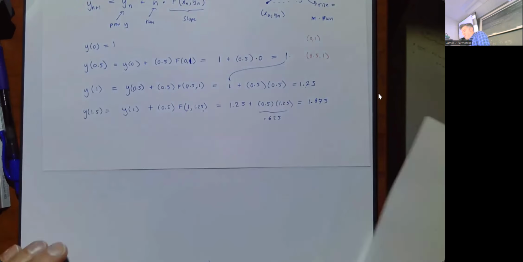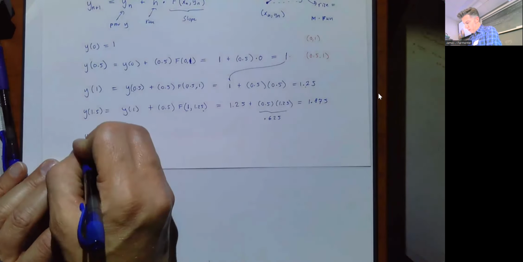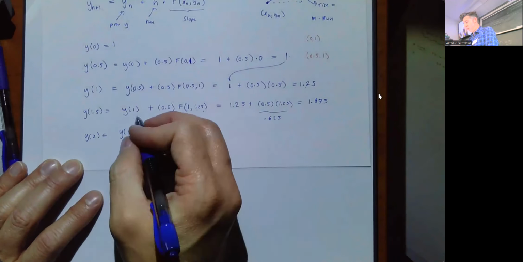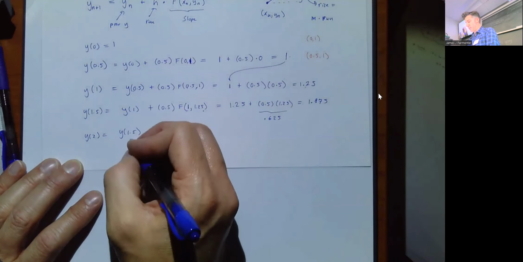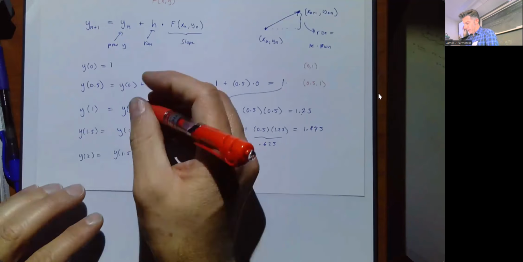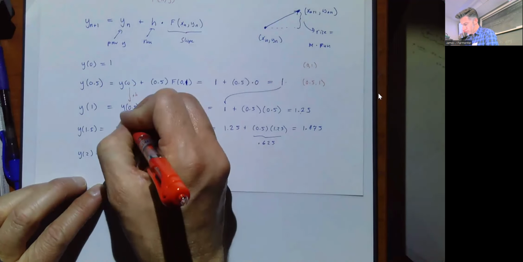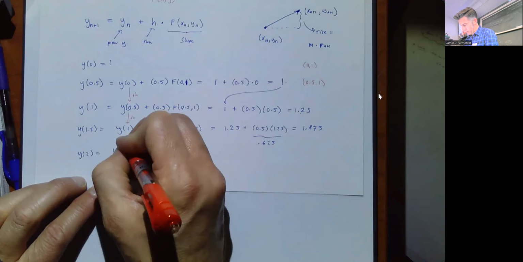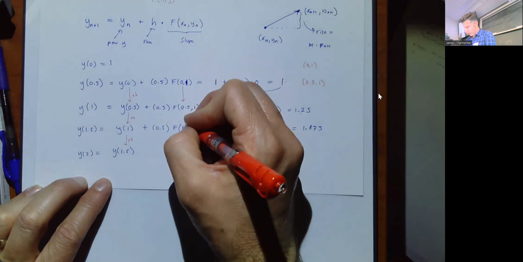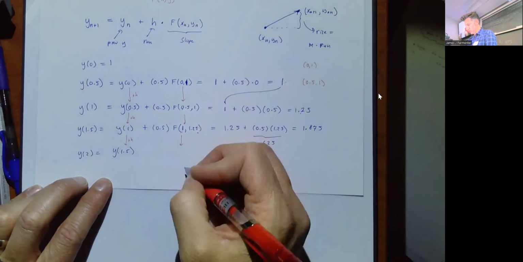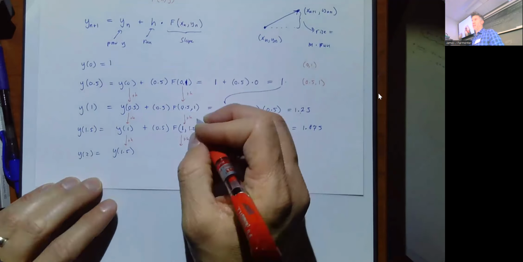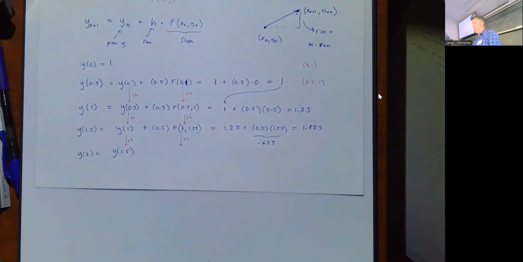And then finally, we do it one more time. Y of 2 is going to be y of the next step. So just to see the pattern here, each time we're just adding h. Adding h, adding h, adding h. Whatever your step size is, that's what the x value is increasing by every step.